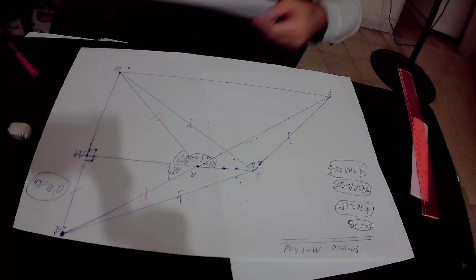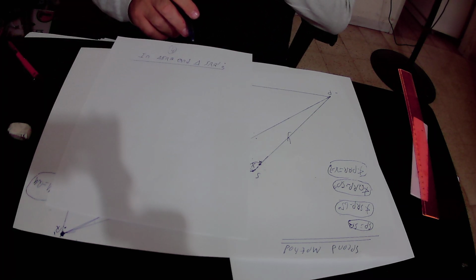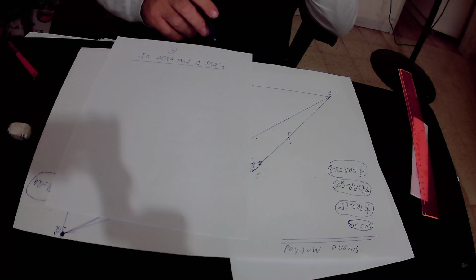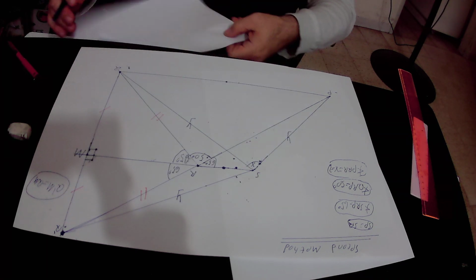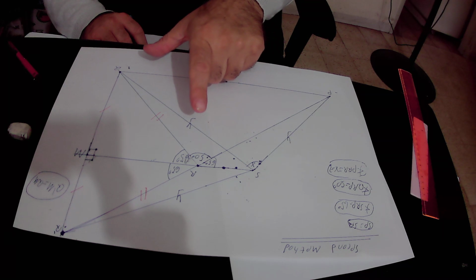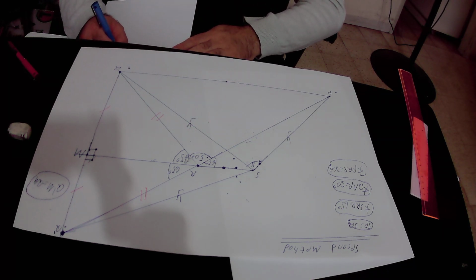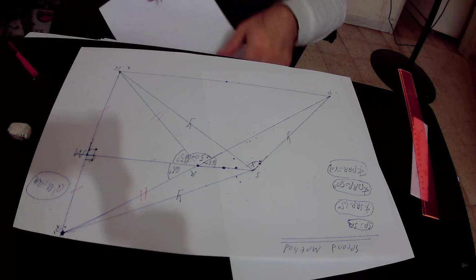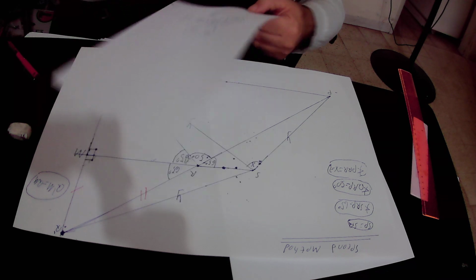And we will prove that triangle SRQ is congruent to triangle SRQ dash. First of all, we have already proved that RQ equals RQ dash.